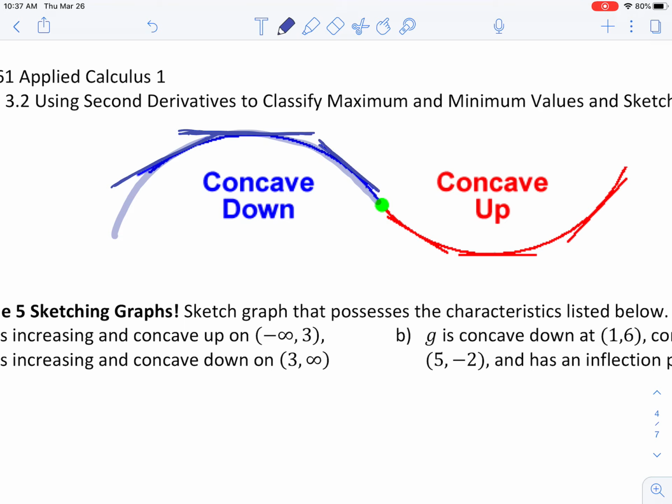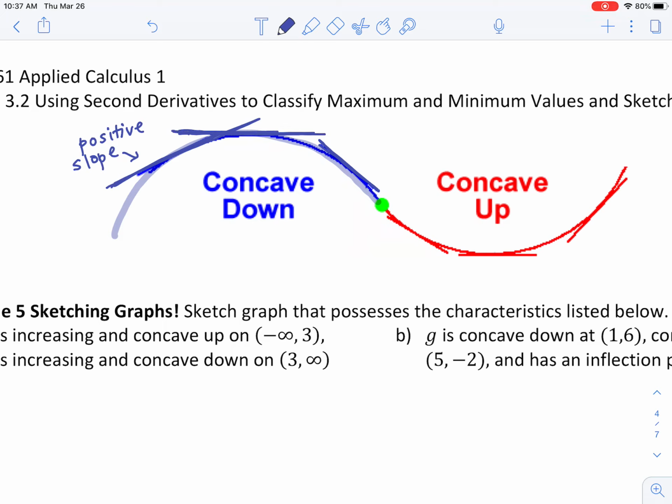The graph is below your tangent lines. The slope of this very first tangent line is positive, right? Positive slope.